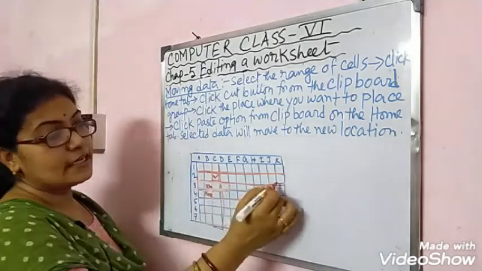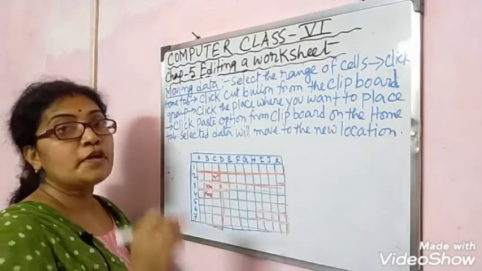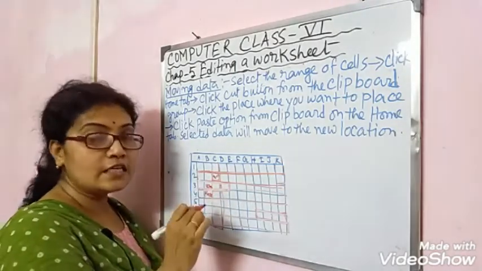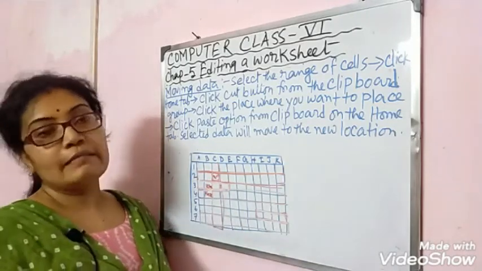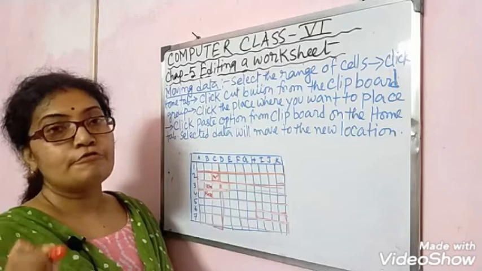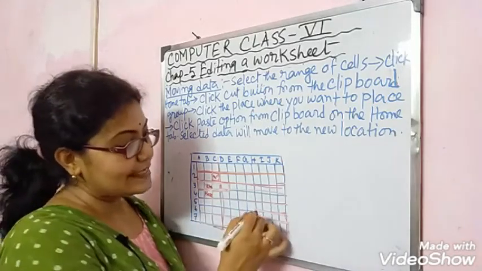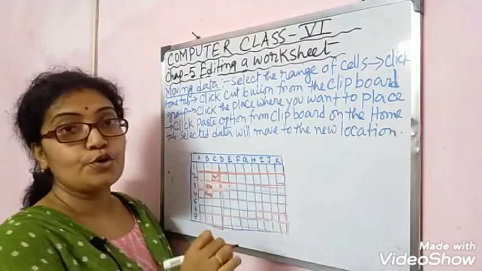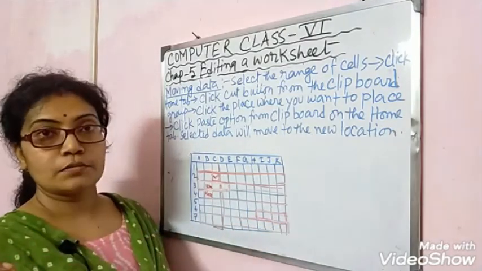First, you select the portion which you want to remove from here to another location. Then go to the Home tab. Then click the Cut option from Clipboard. Then go to the desired location where you want to place the cut portion.